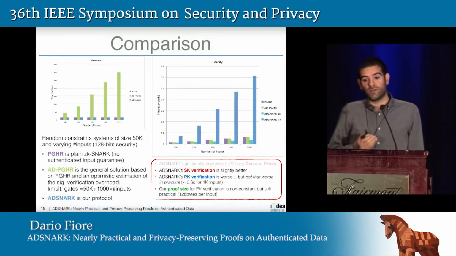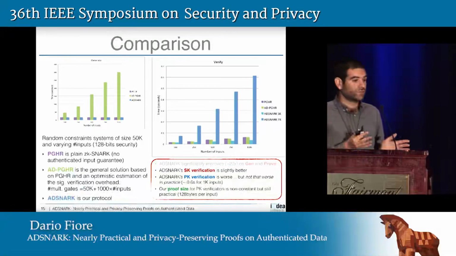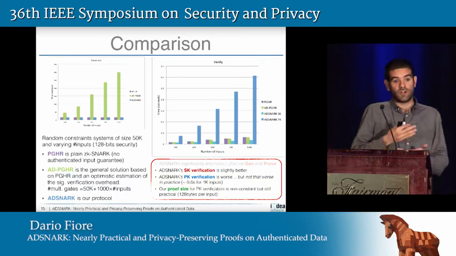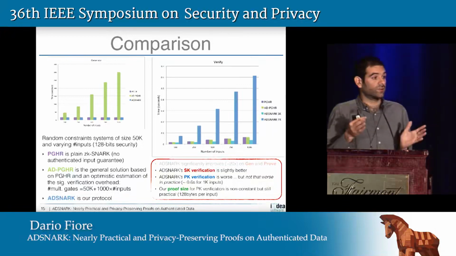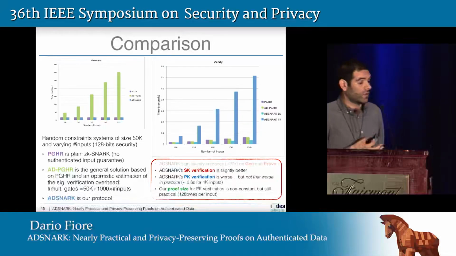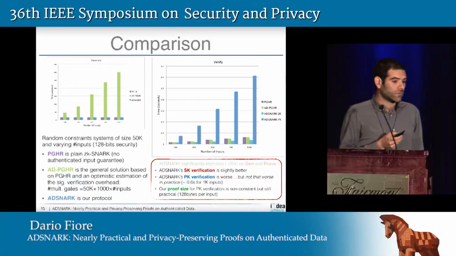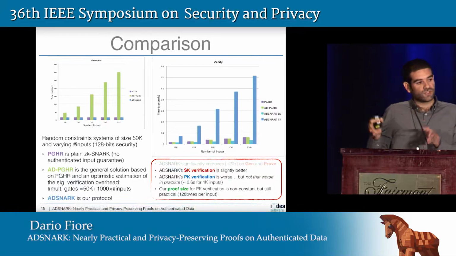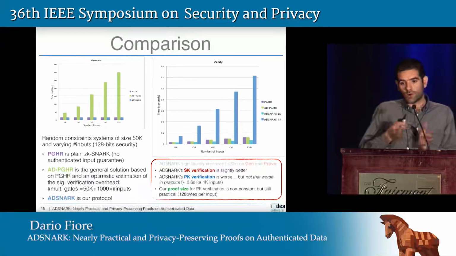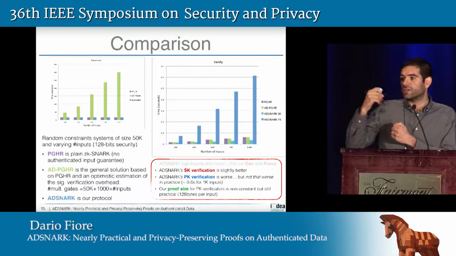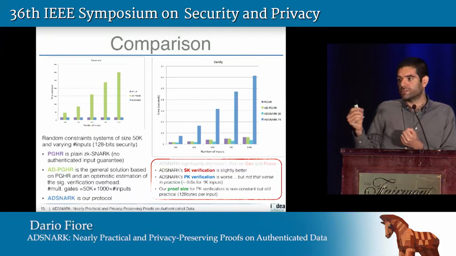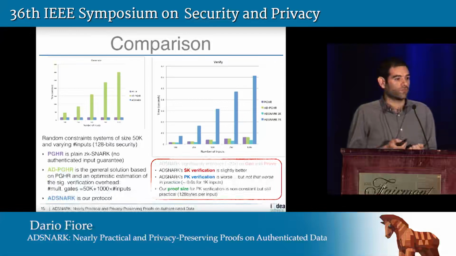A similar thing happens with the size of the proof: in the public key case, the proof is no longer constant size, but the overhead is really small, roughly 100 bytes per input. In some sense, we shifted some work to the verifier, adding very little work because he was already paying very little, but we can save a lot of work for the prover.